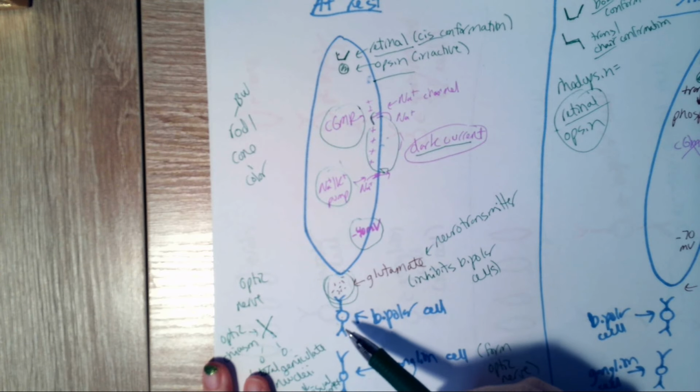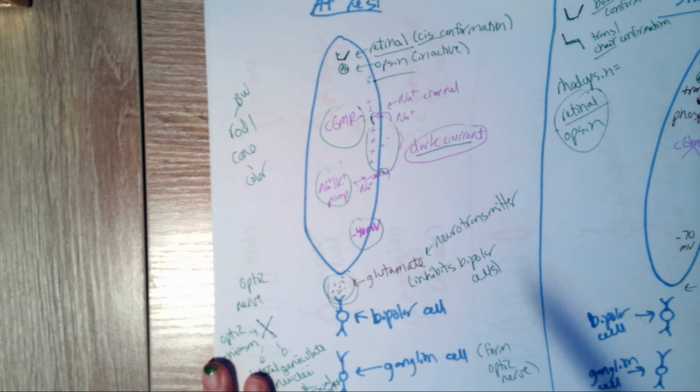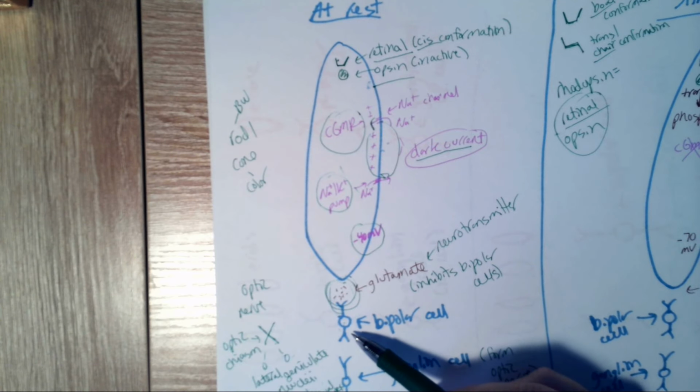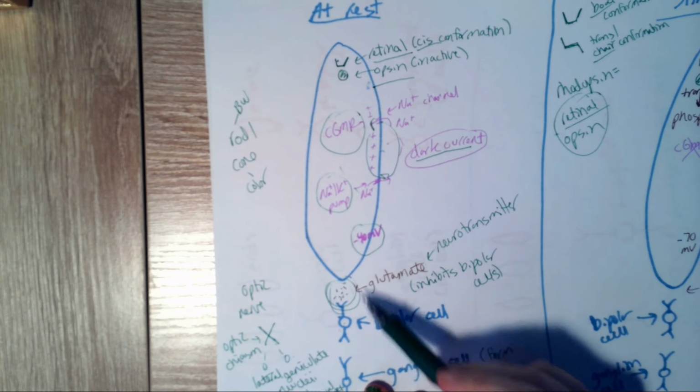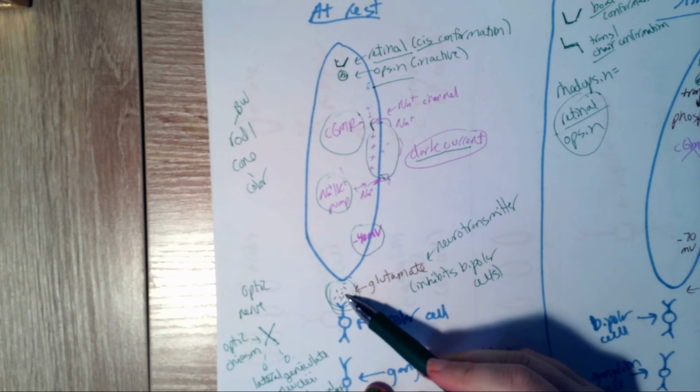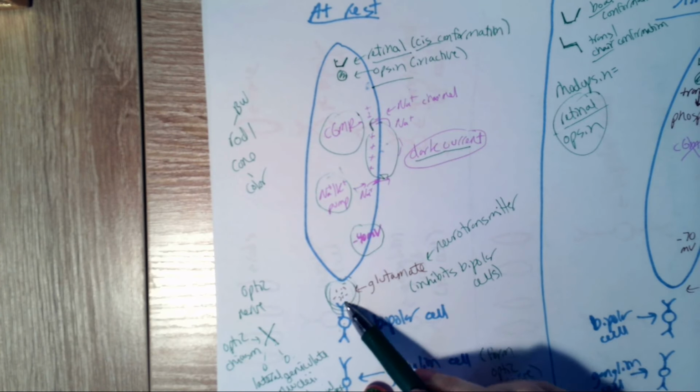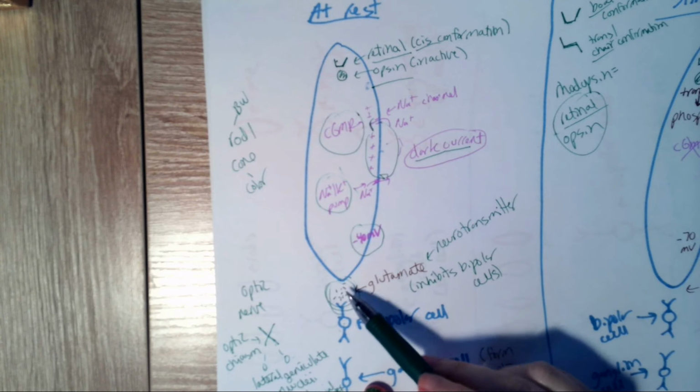This is not 100% understood, so this is still an area where people are looking into it to try to figure out exactly what's going on, what does cause the action potential in a bipolar cell. We know that we need to stop glutamate release in order to allow the bipolar cell to have an action potential, because the glutamate is inhibiting it. Think IPSP, stopping it from having an action potential.